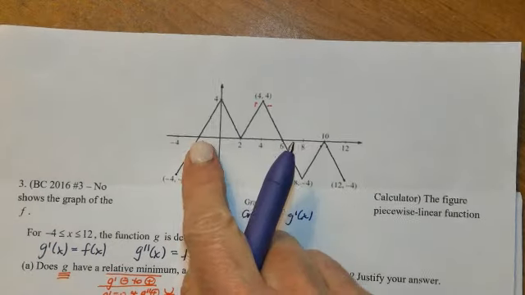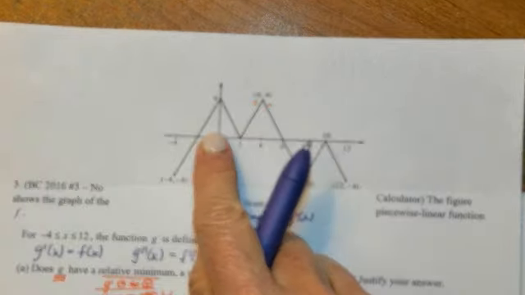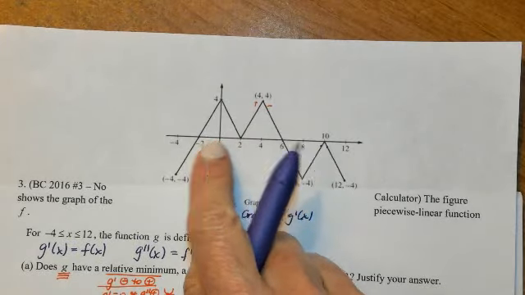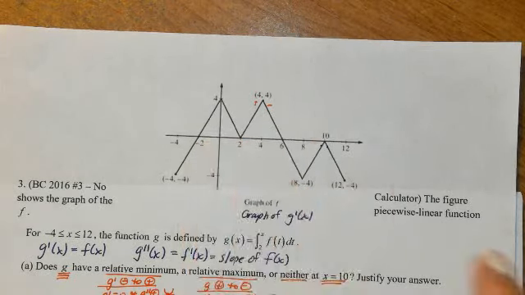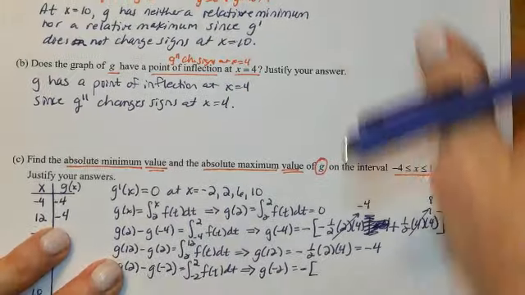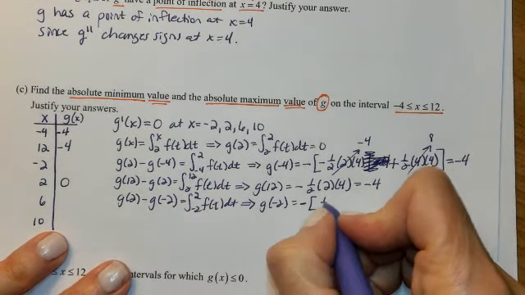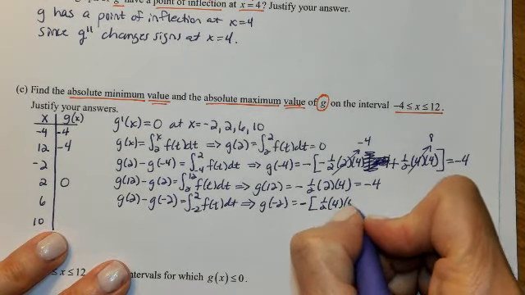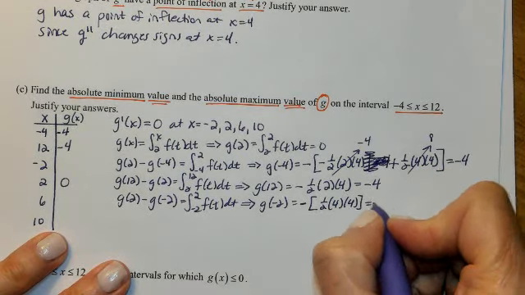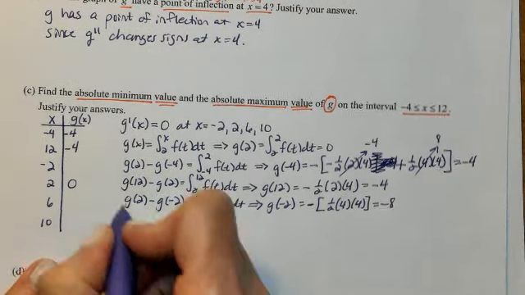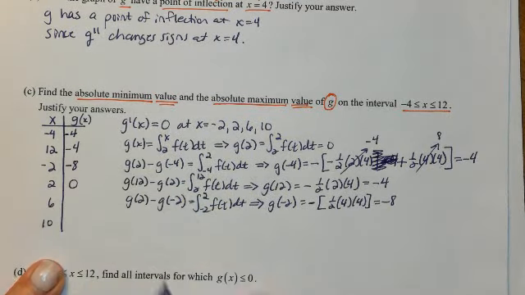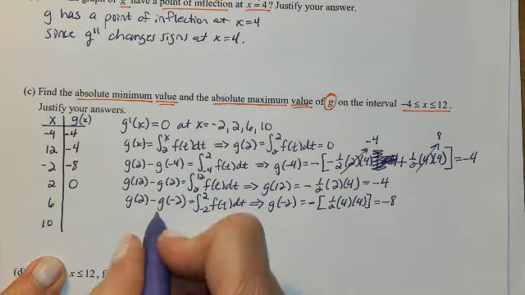Well, the integral from negative 2 to 2 is just this little triangle. 1/2 base times height, so 1/2 times 4 times 4, and that turns out to be negative 8. So when x is negative 2, G of x is negative 8.